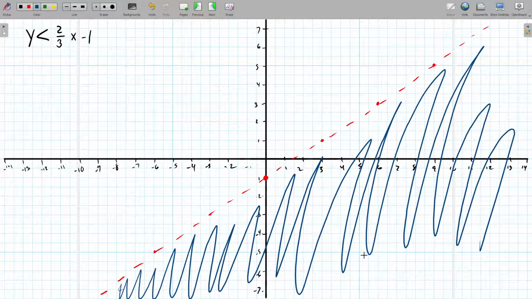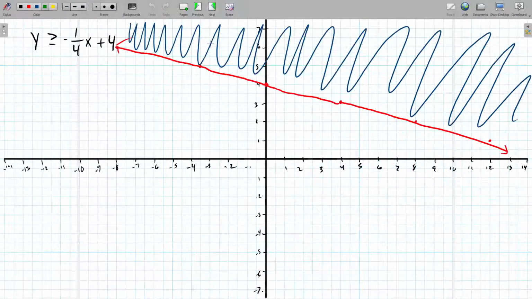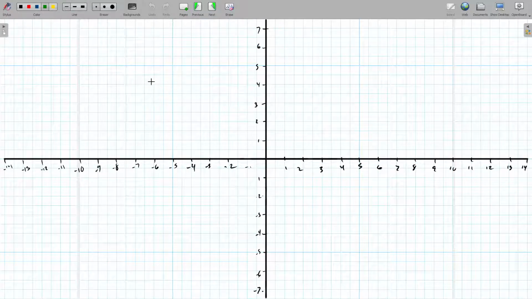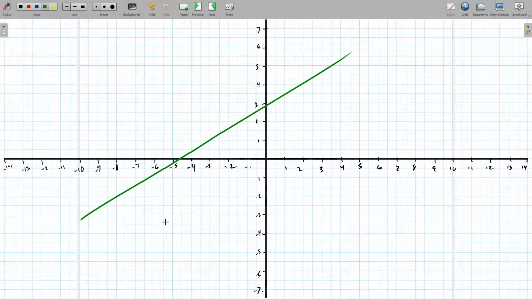Now, your teacher might be different. Your teacher might prefer you to always use a solid line, regardless of whether it's less than or equal to, or if it's less than.